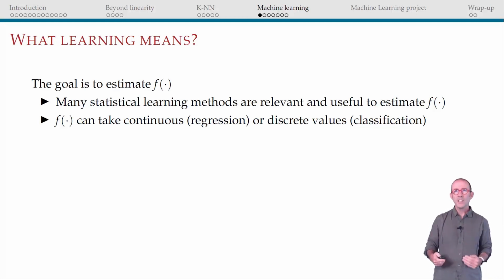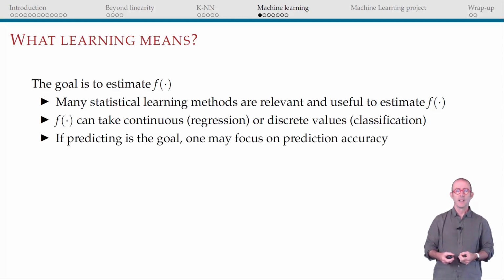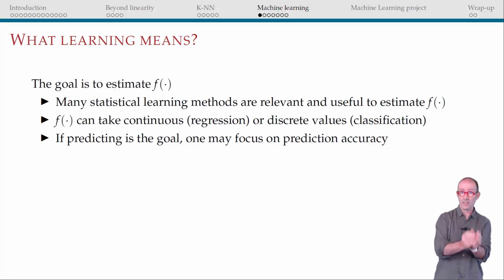But machine learning goes a little bit further, and in fact the distinction between statistical learning and machine learning is based on a subtle distinction on what we mean by learning. If the goal is to predict, then we may use tools that are very good at predicting, and we may focus on prediction accuracy.